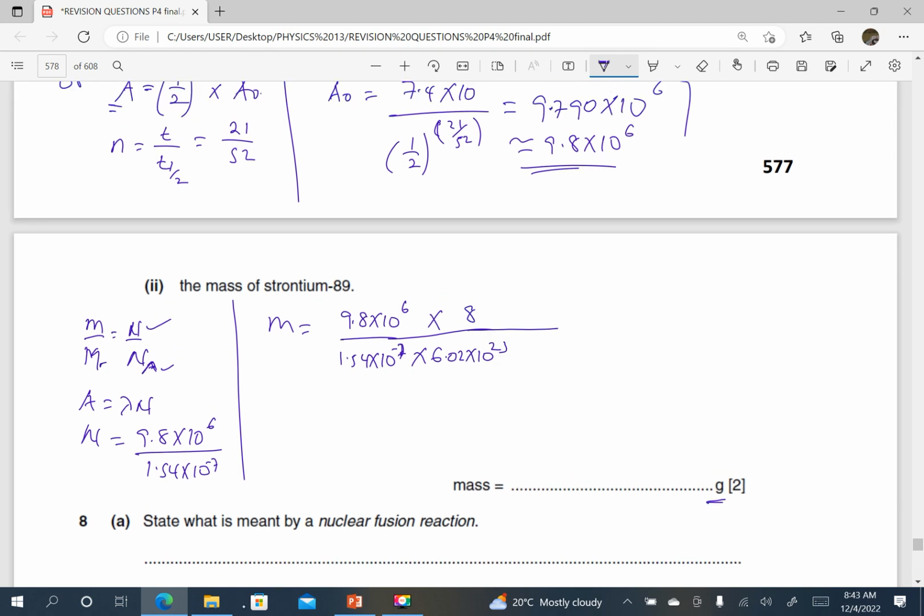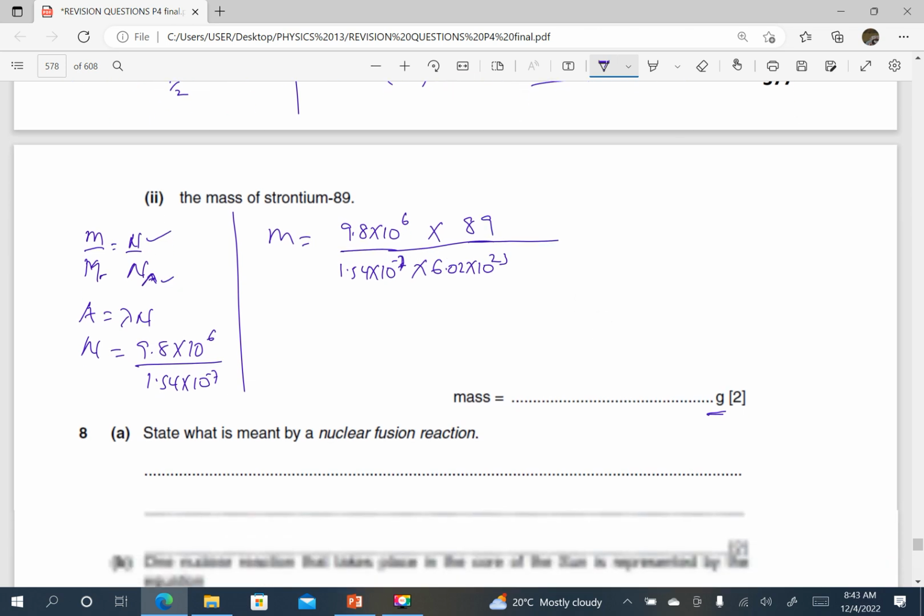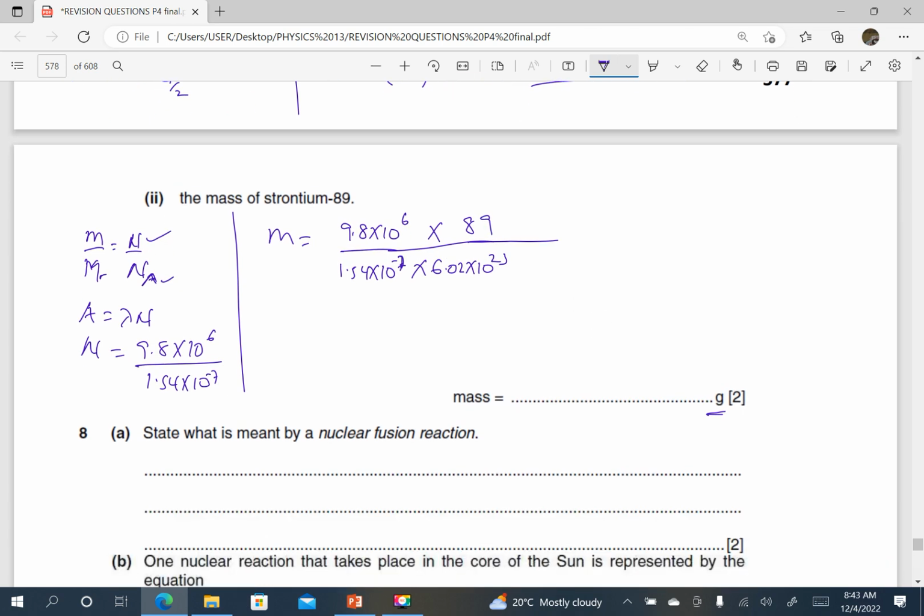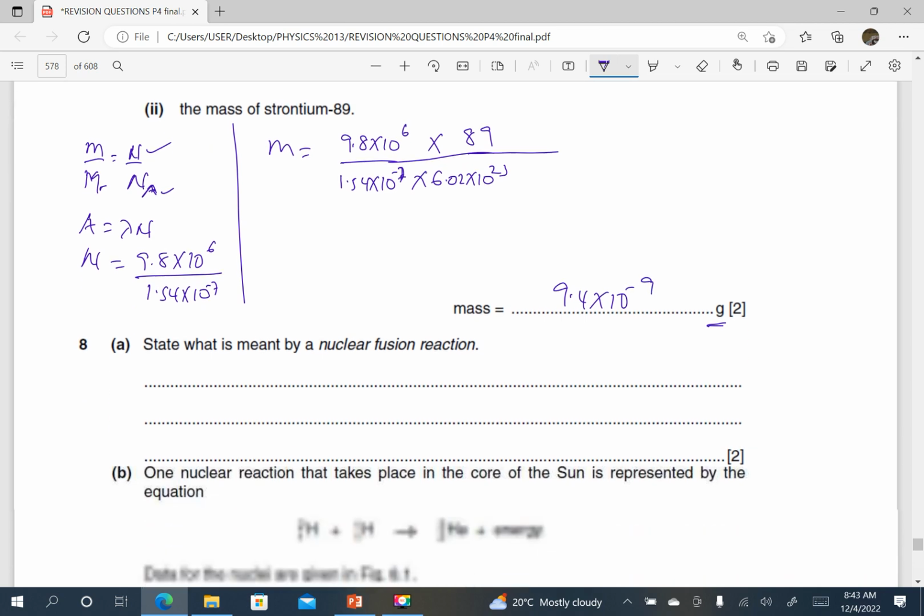So this will be times 89 in grams. So I'm pressing my calculator here to check. So this gives me 9.4 times 10 power negative 9 grams.